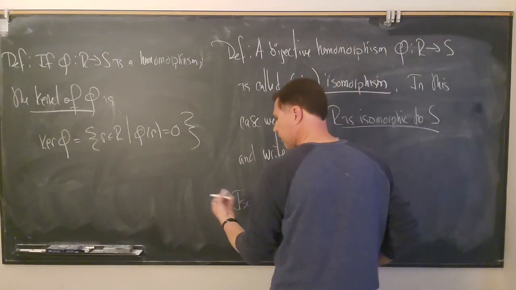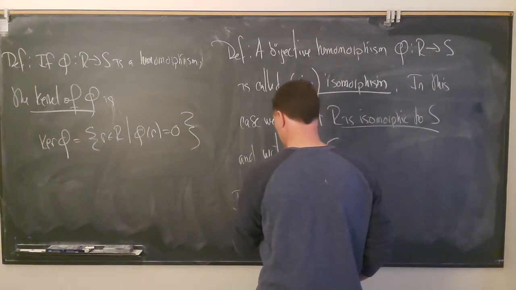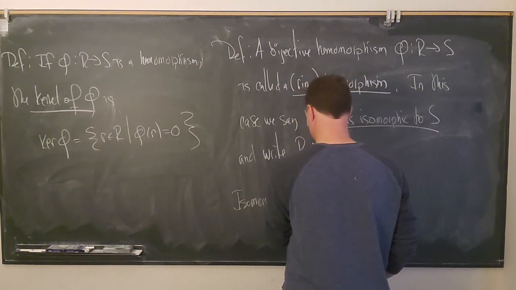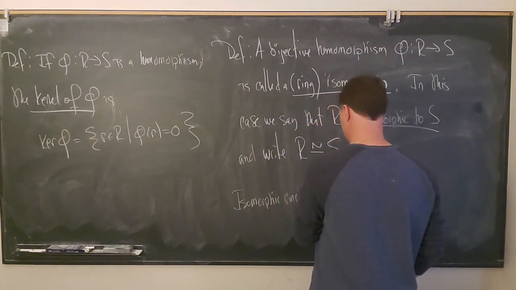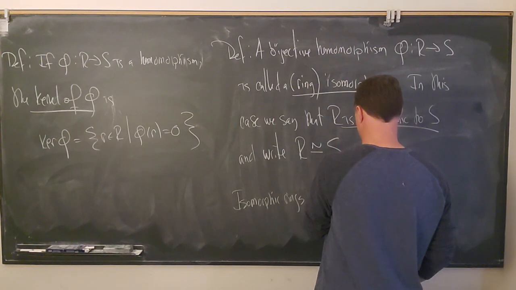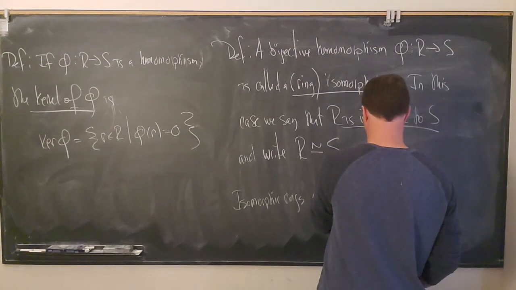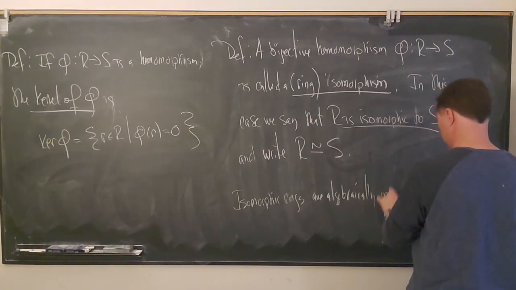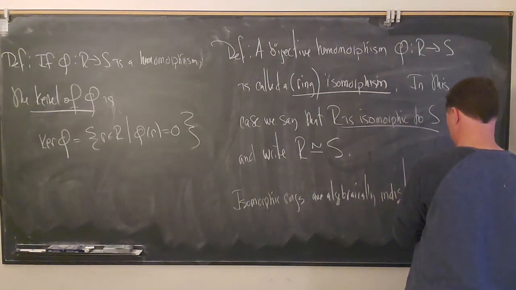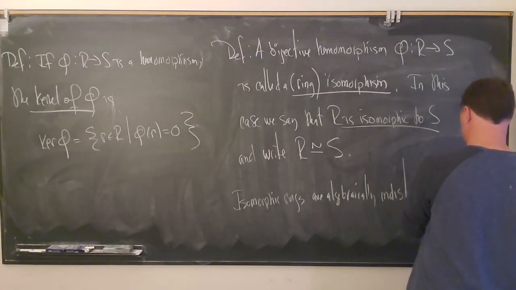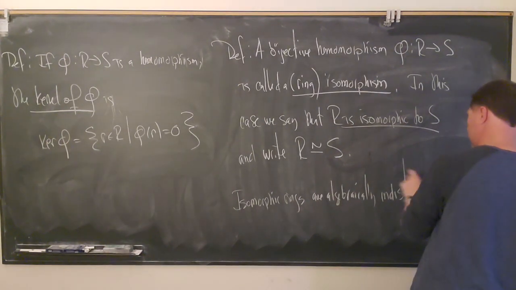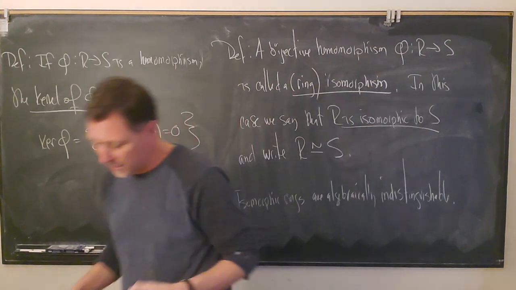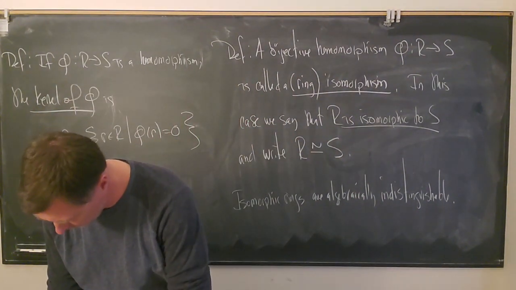But just for your understanding, isomorphic rings are algebraically indistinguishable. It's just like a renaming of elements.